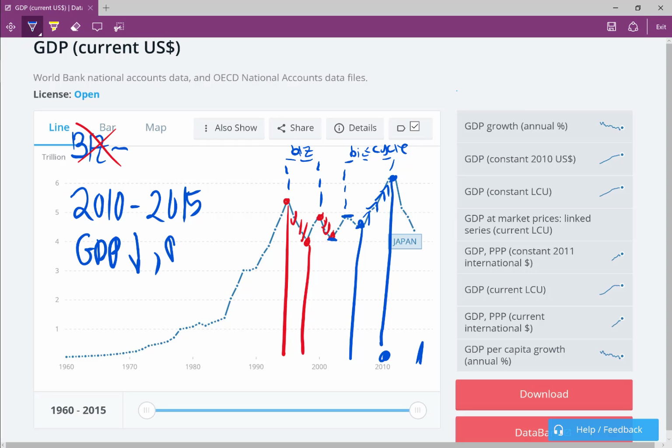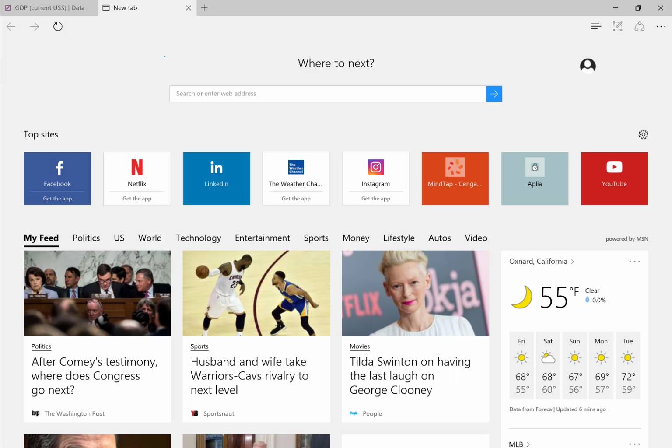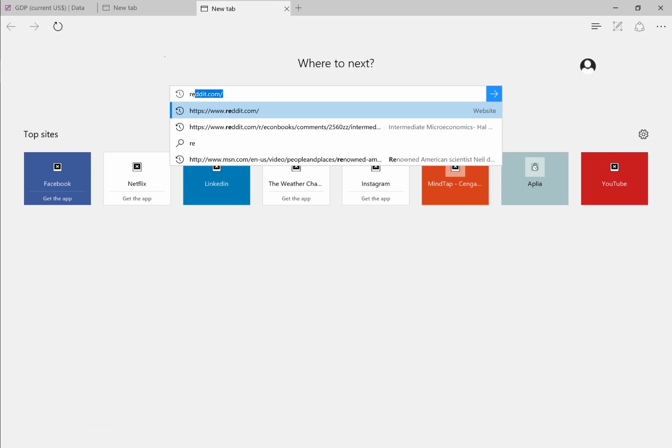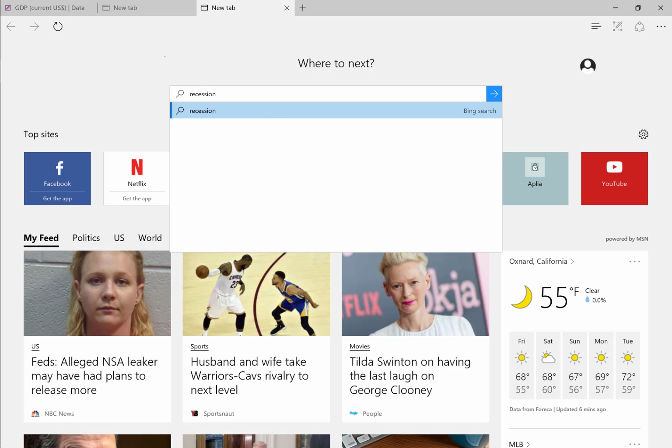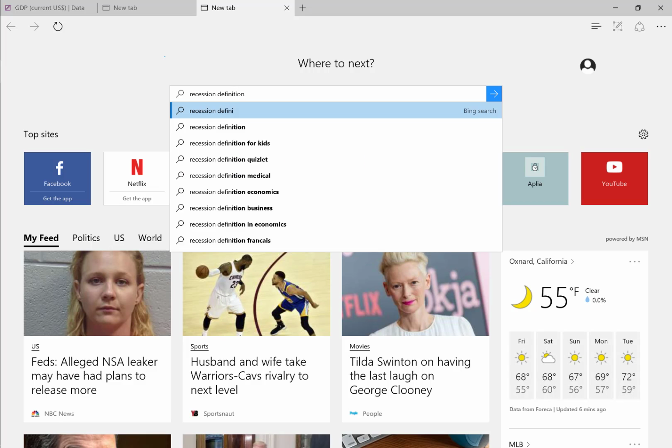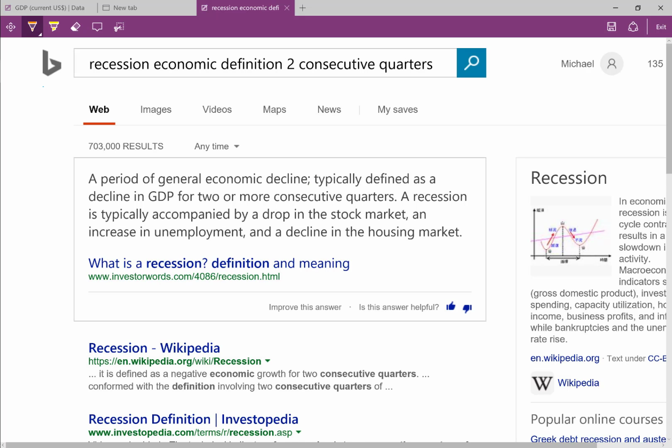So here's the question. Would you consider that a recession if you're going to be stating it in a paper? Well, take note that a recession is typically defined as a decline in GDP for 2 or more consecutive quarters.